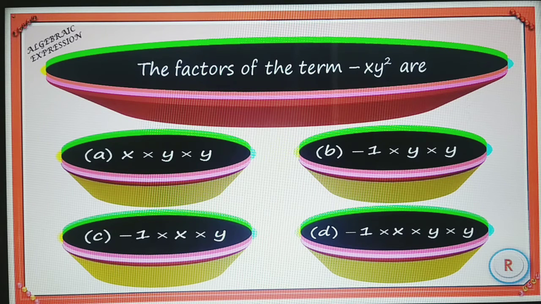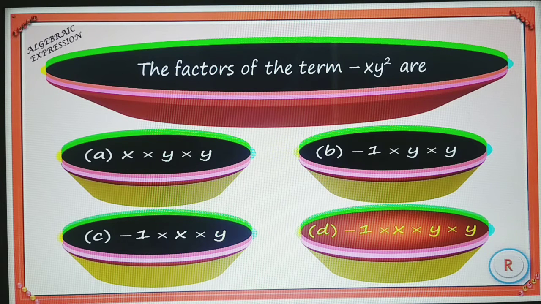Yes, which is the correct option? You can recall the tree diagram so that you will easily get the answer. That is D. Minus 1 into x into y square can be written as minus 1 into x into y into y.